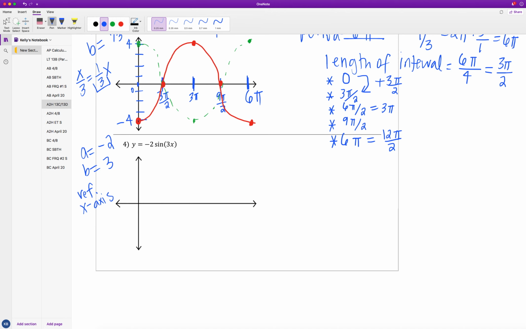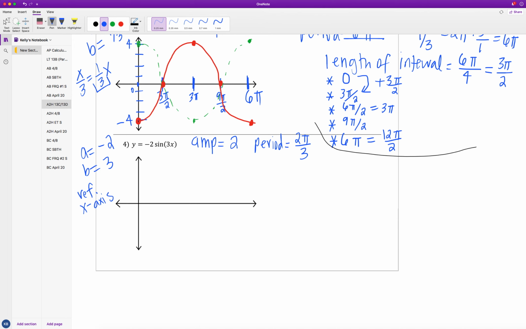I also know my amplitude is going to be +2, and my period for this example is going to be 2 pi over 3.